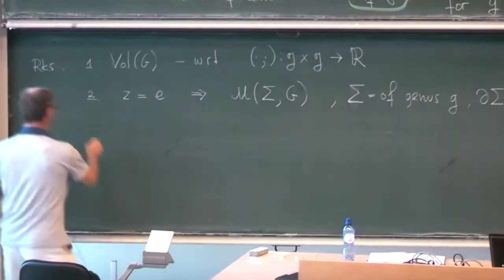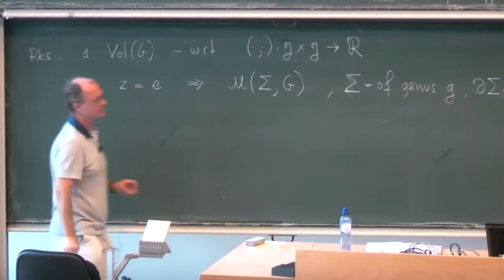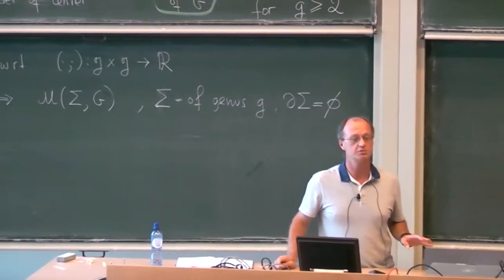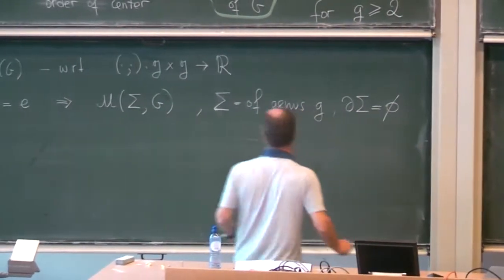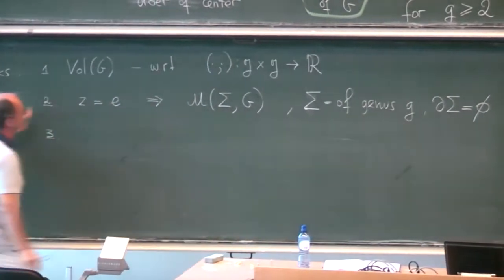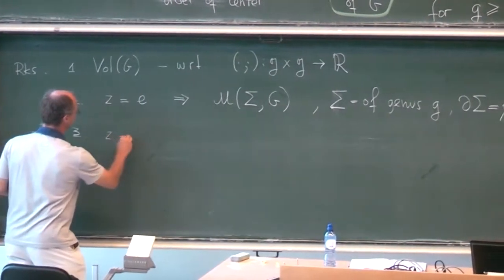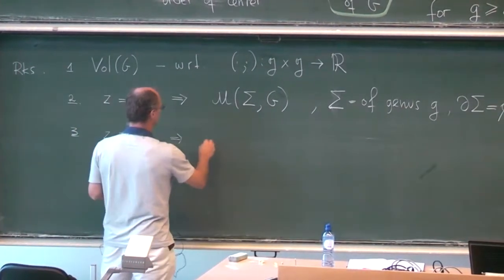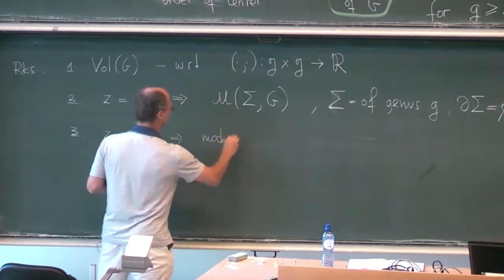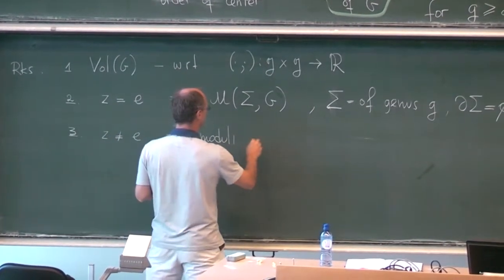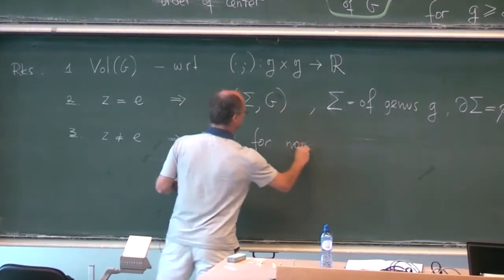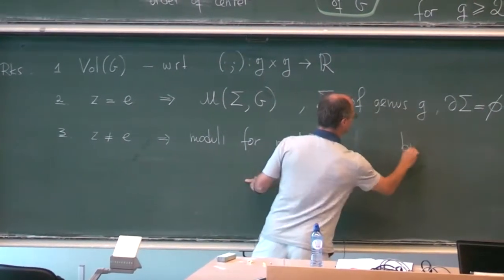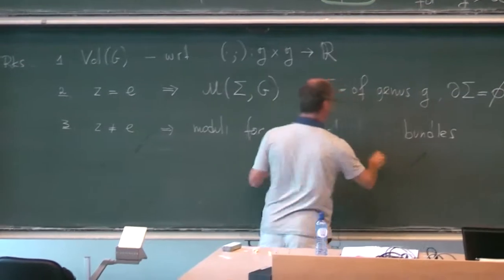Maybe the third comment: we were always sticking to the situation of a trivial G bundle over the last 3 lectures. But in fact, here just one small comment. If z is not equal to 1, then this corresponds to moduli for non-trivial bundles, but then for which group?